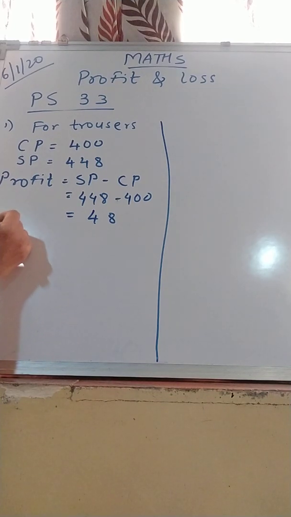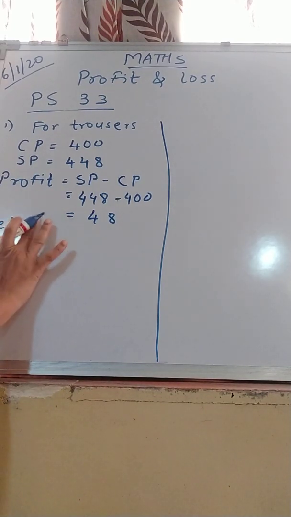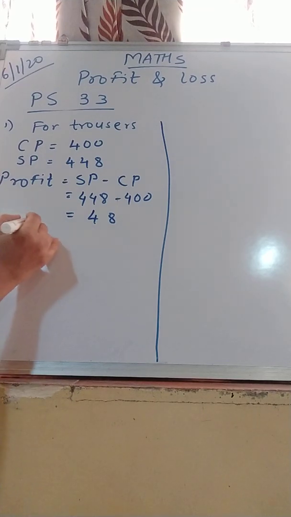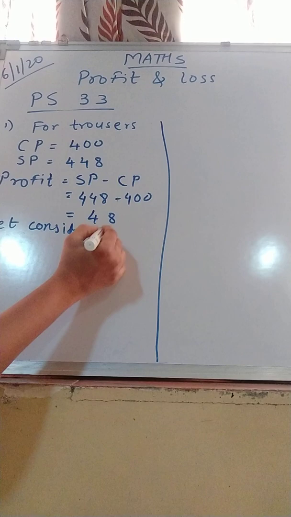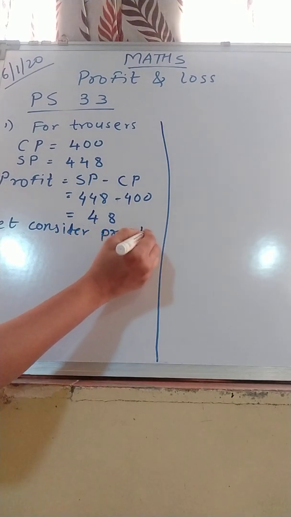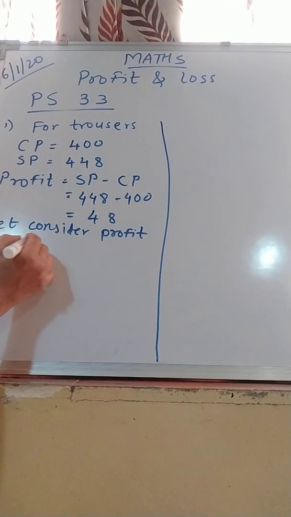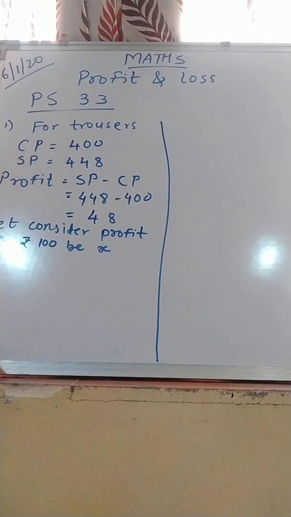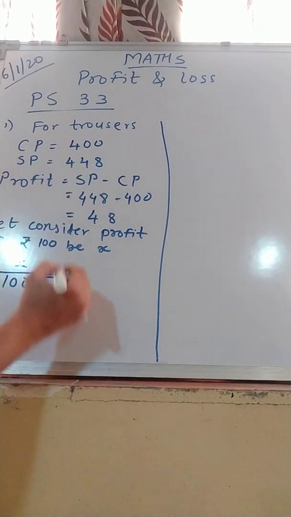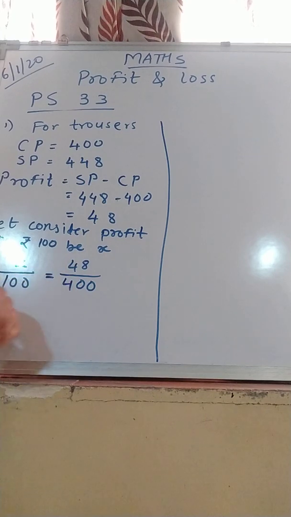For that, let us consider profit on rupees 100 be X, right? Accordingly, write on 100 profit is X and on 400 your profit is 48.